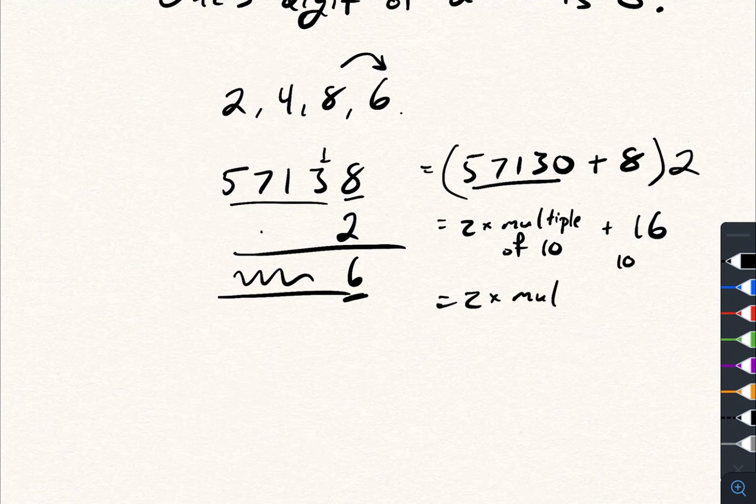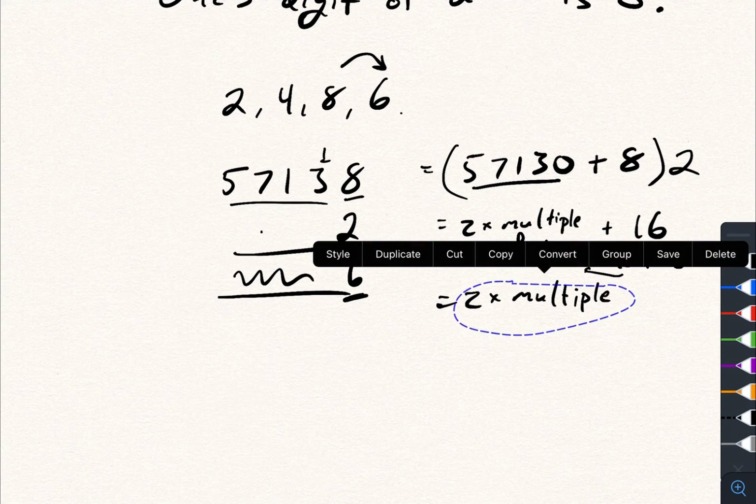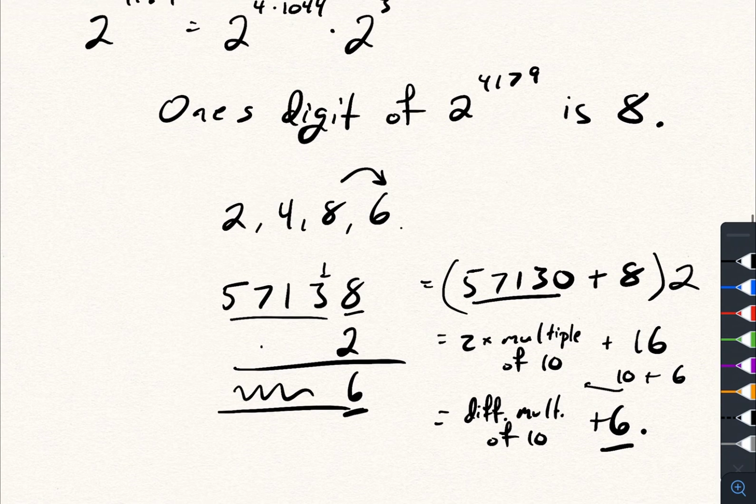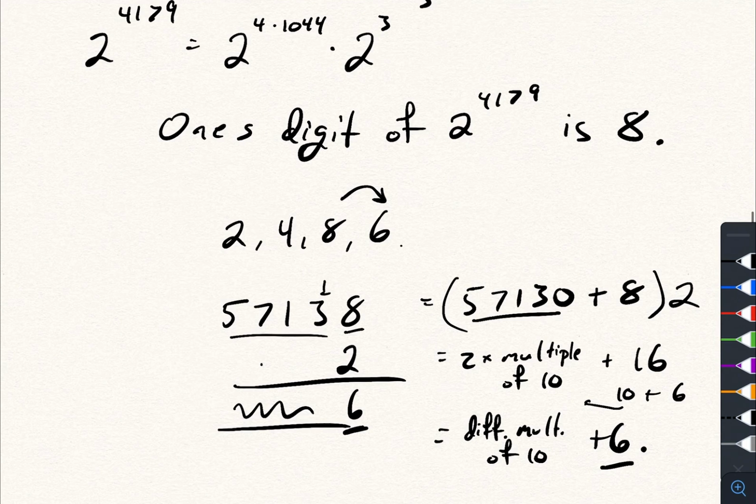You could break this 16 up as 10 plus 6, and combine this 10 with the multiple of 10. So you'll get some different multiple of 10 plus 6. And so overall, your ones digit is going to be 6. You could do this if the ones digit was a 2, or a 4, or a 6, or whatever. So the pattern's always going to hold here. And with all of that in mind, that's how we would go about fully justifying this solution to ourselves.